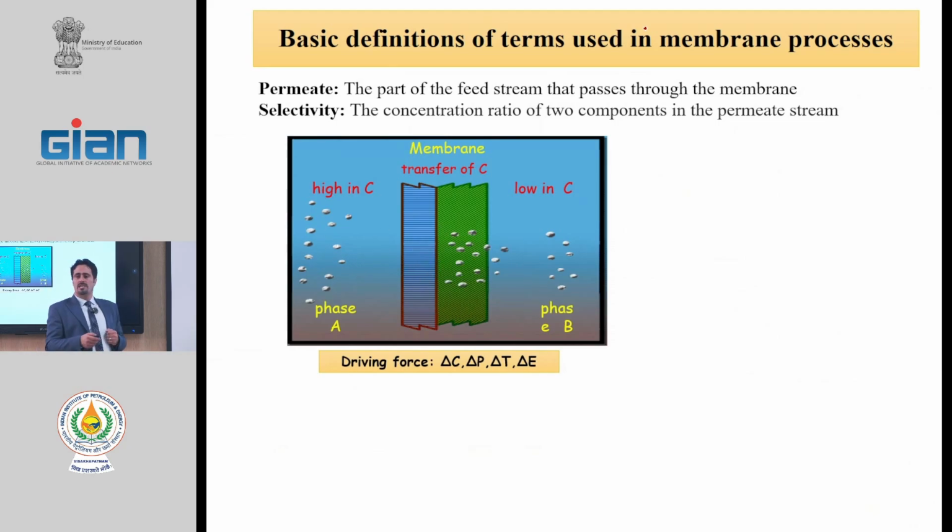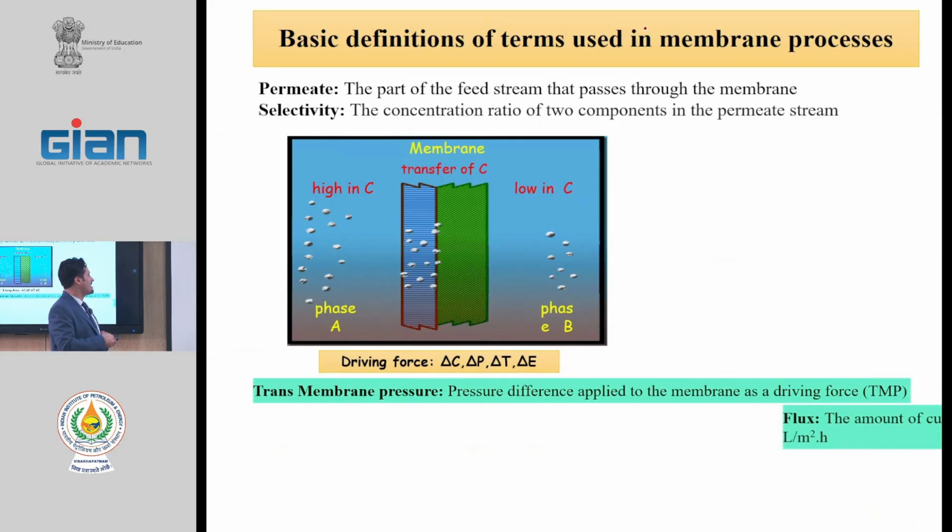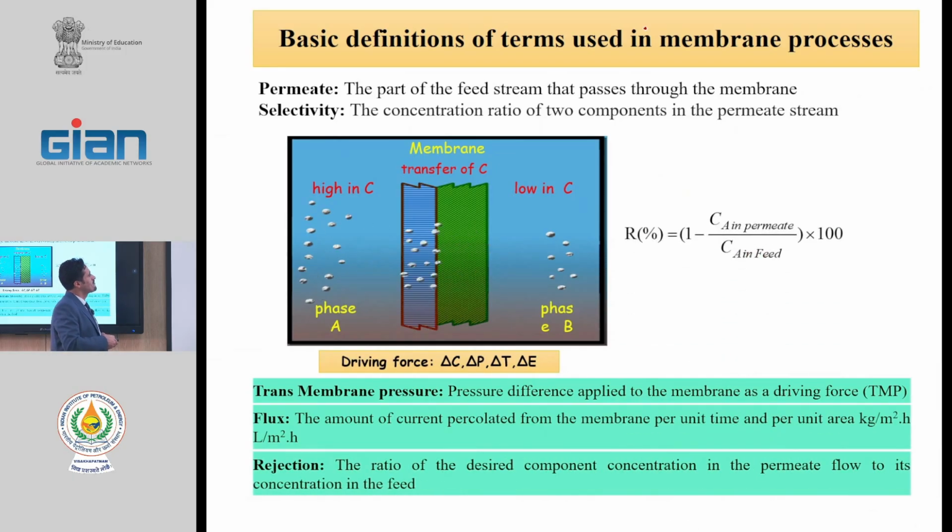For showing the selectivity and the rejection, we usually measure the concentration of a specific solute or ion in permeate and feed, and compare them to determine the rejection.